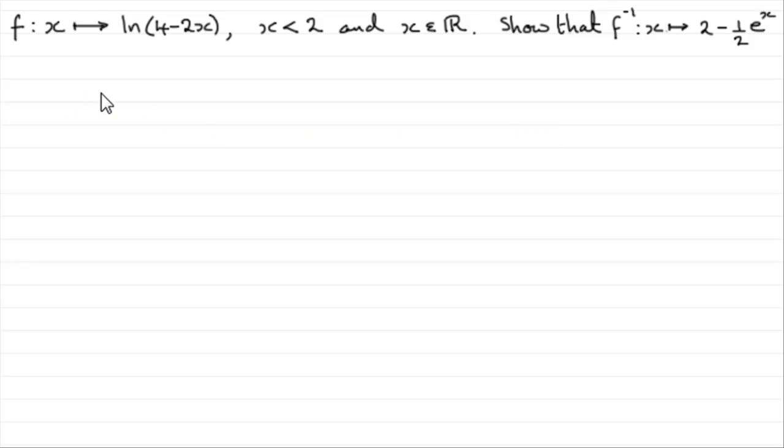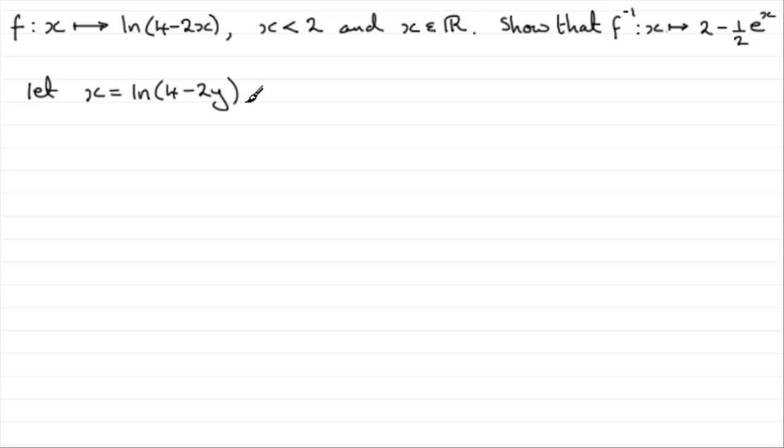Okay, well, let's just see how you might have got on with this. First of all, when we're finding inverse functions, what I would always suggest you do is just say let y equal f of x, and we write down x equals, and wherever you've got x's in your function, replace them with a y. So in this case it's going to be x equals the natural log of 4 minus 2y.